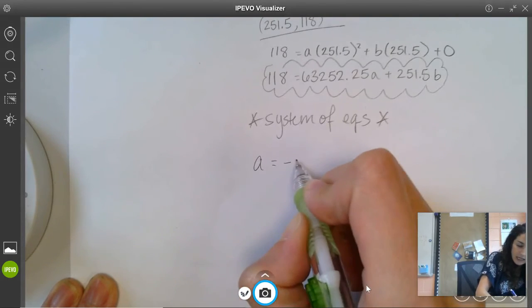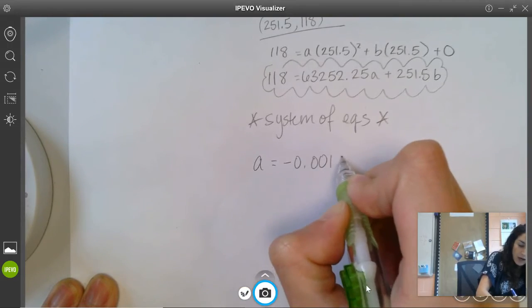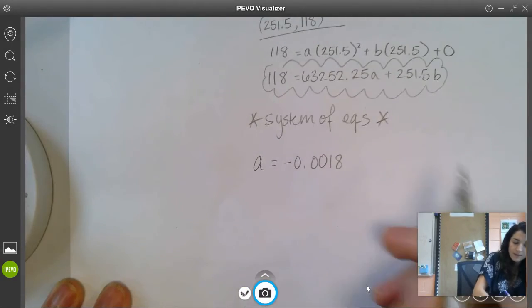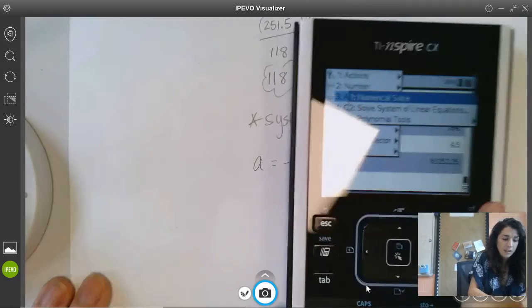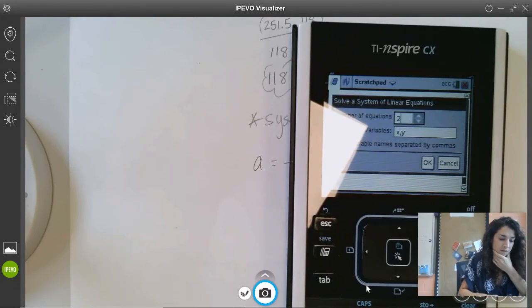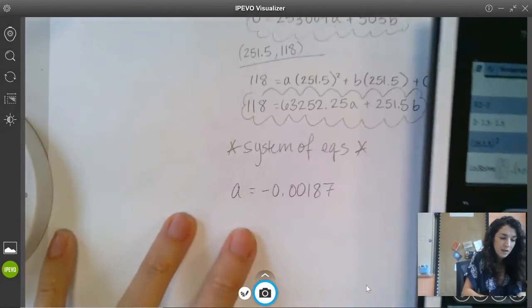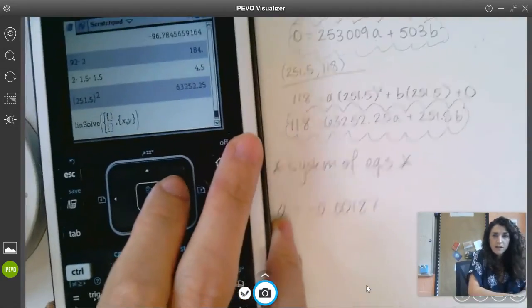a is equal to negative 0.00187. Maybe. Let me double check that because I don't think I kept the values exact in my answer key. So let me double check.